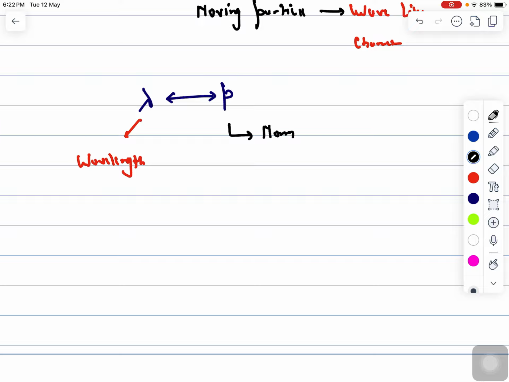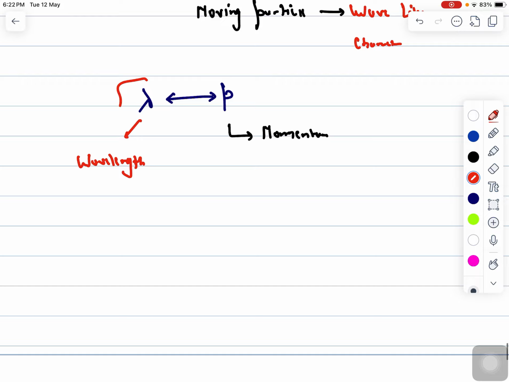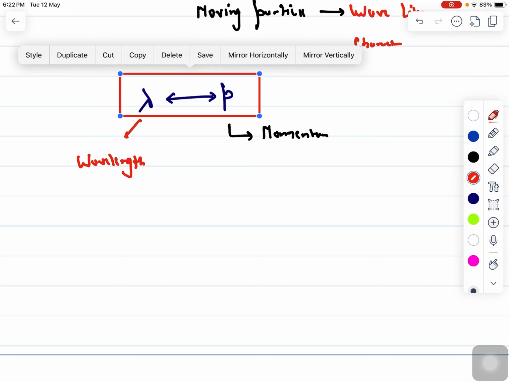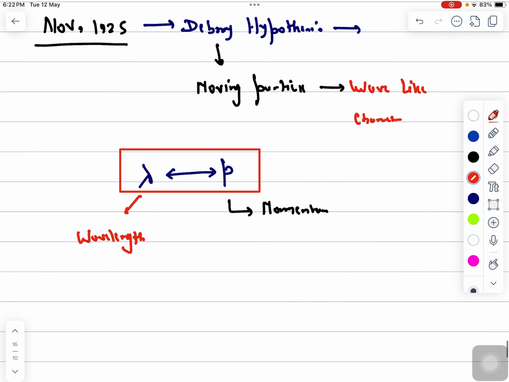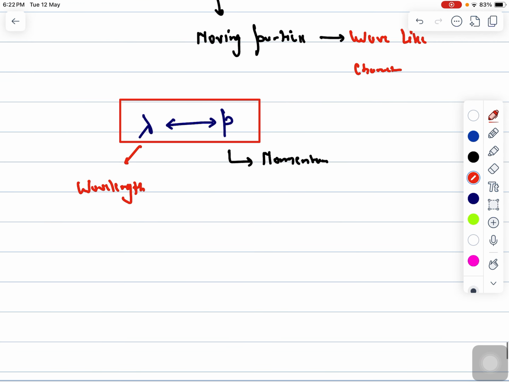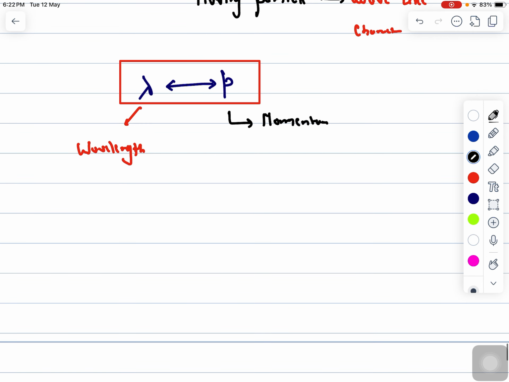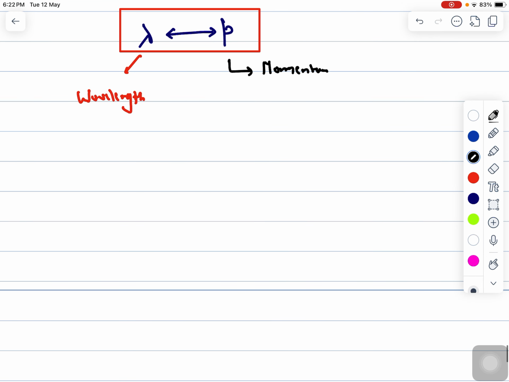This wavelength and momentum are in a relationship with each other, right? We'll see how this relationship looks mathematically, but right now you have to understand that the de Broglie hypothesis says that a moving particle has wave-like character, and the wavelength associated with the wave is related to the momentum.